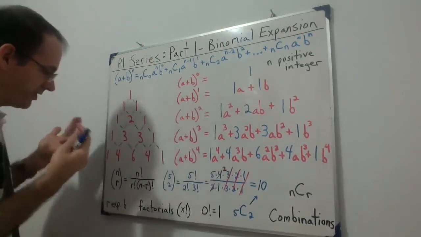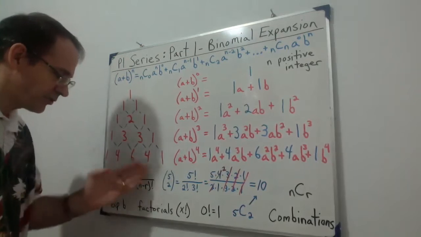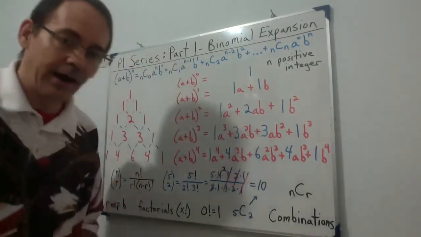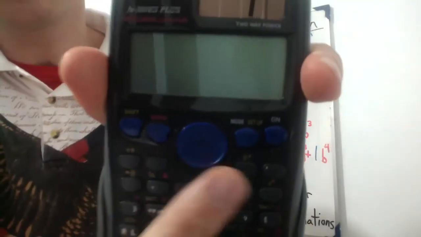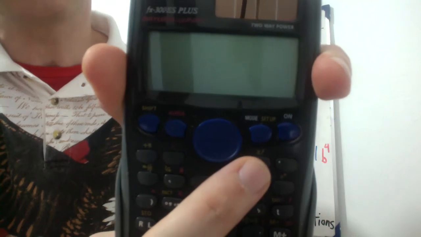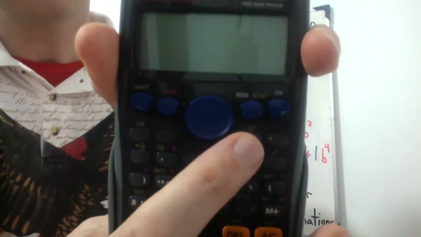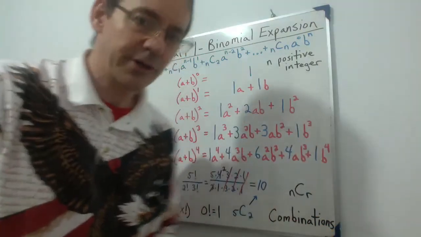So to calculate it from this, you have to use what's called factorials. Now, factorials are on your calculator also. It's the key here with that x with an exclamation point. You see x, and right next to it looks like x times an exclamation point. That is your factorial key.